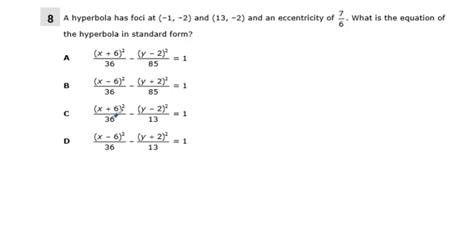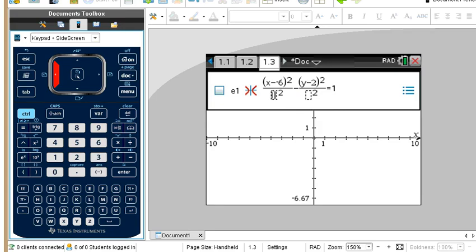Well, we're going to have 6 squared here, and then we have 13. Well, 13 is not a perfect square of a number, so we're going to have to put in square root of 13 in the denominator here. And so we're going to put 6 squared here, and we're going to put in square root of 13 here.